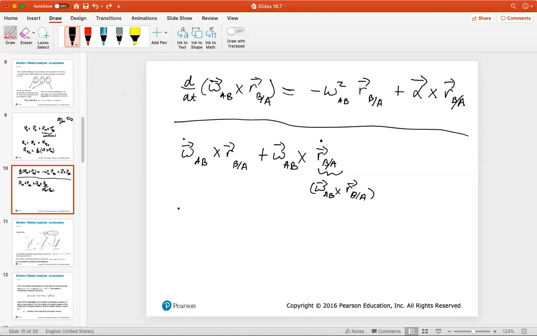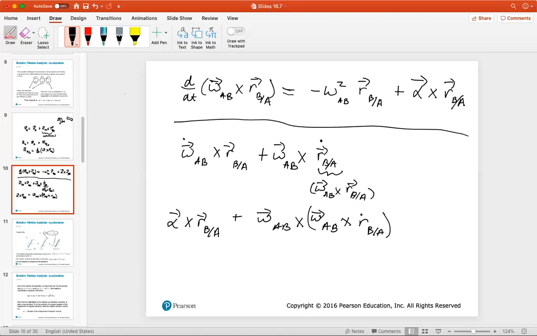All right, so now the first factor is simply alpha vector cross R B slash A. And this piece becomes omega AB cross omega AB cross R BA. And you have to be careful with cross products about the order, so watch your parentheses.